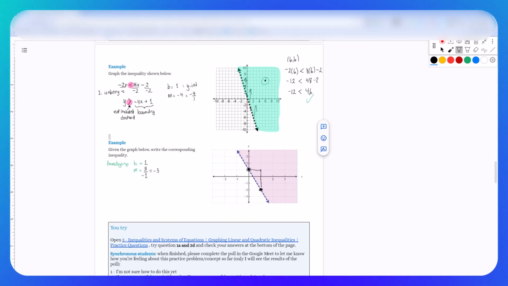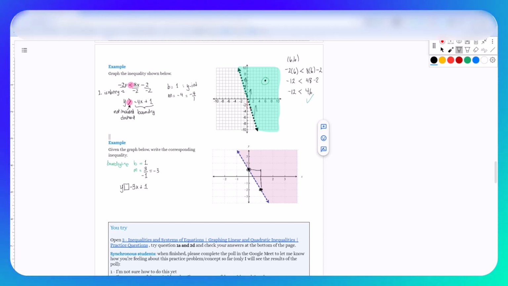So my boundary line is of the form -3x plus 1. Now we have to determine what goes between the y and the -3x plus 1.